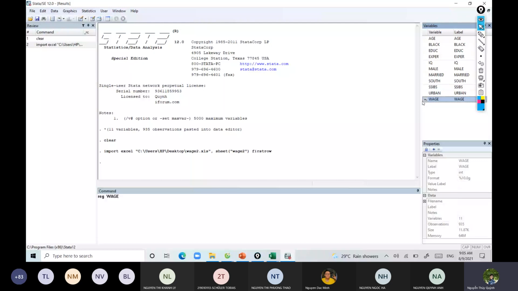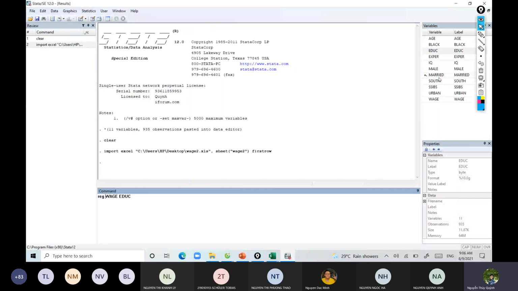Right, you see that? Now remember that Stata differentiates between uppercase and lowercase. So if your variable is written in uppercase, you cannot type lowercase letters here. If your variable is written in lowercase letters, you cannot type uppercase letters here. So remember that.